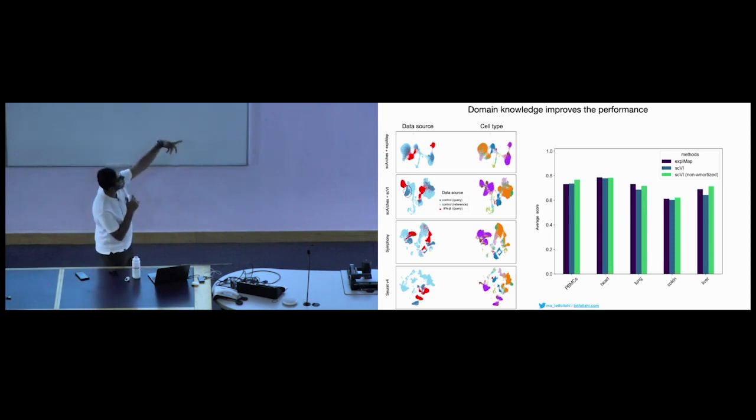So that's what you see on the right. It's called XPMAP, what we have, and we have SCVI, which is like the gold standard, where you have nonlinear encoder and nonlinear decoder, but it does amortized inference. And then you have SCVI non-amortized, which is basically a more accurate way to infer the latent variables.